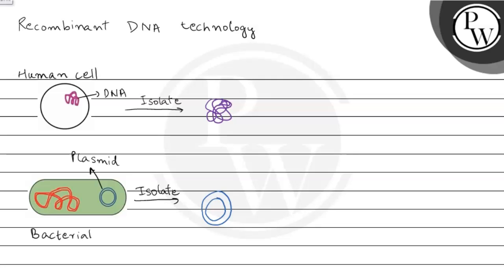Now the next step will be to cleave this DNA with a restriction endonuclease. So the restriction endonuclease that we will use will result in cleaving the human cell DNA, and we will get a fragment of DNA which will depend upon the type of the restriction enzyme used.